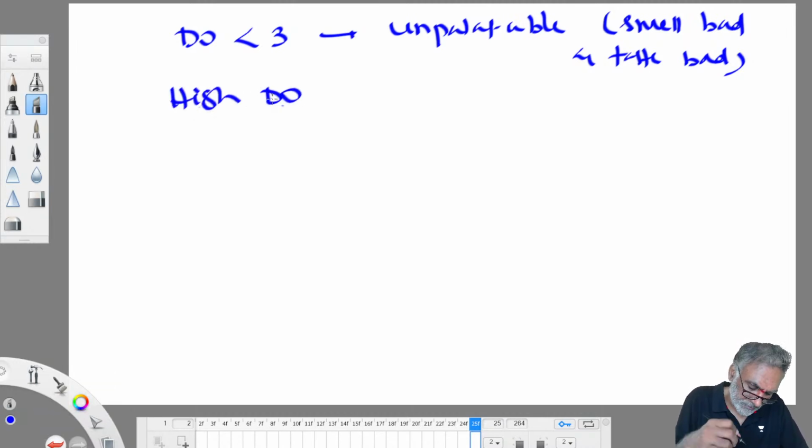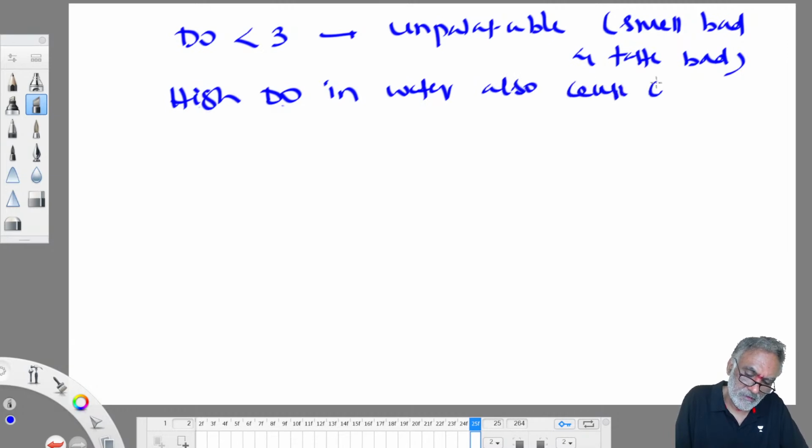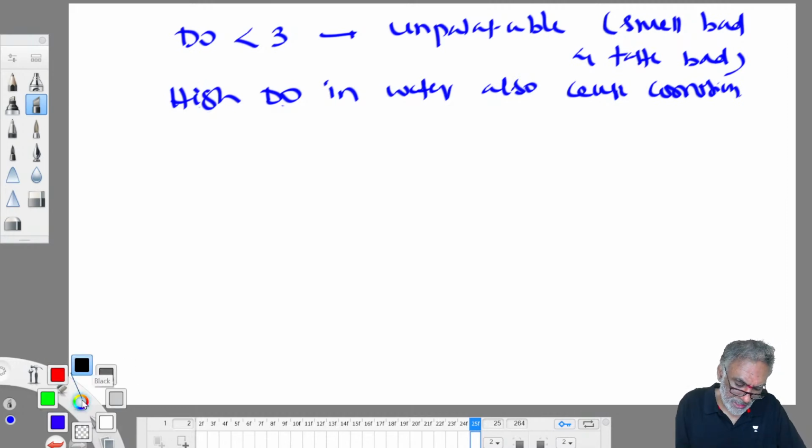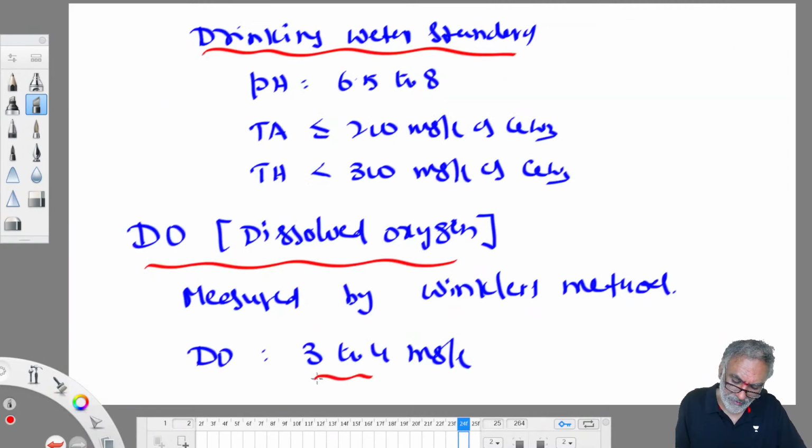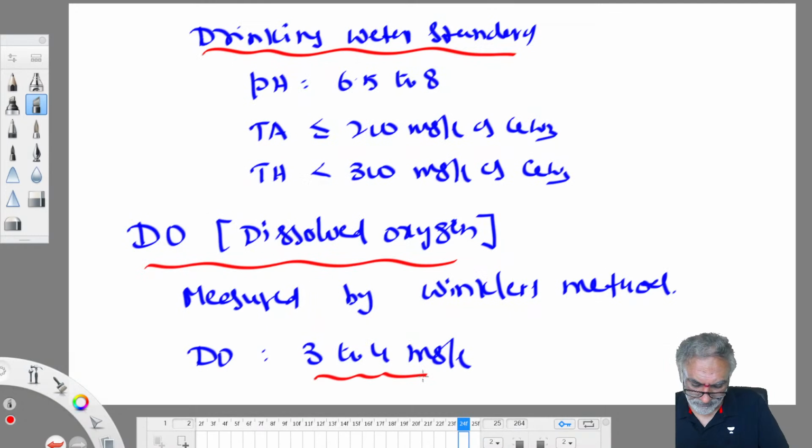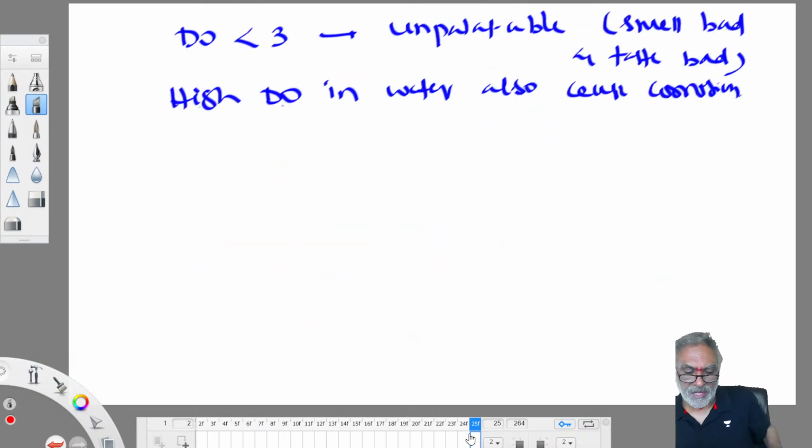I don't know the exact figure, but high DO in water is also not recommended. So it is better to maintain anywhere between 3 to 4. At any cost it should not be less than 3. Above 3 is okay, but too high amounts cause corrosion problems.